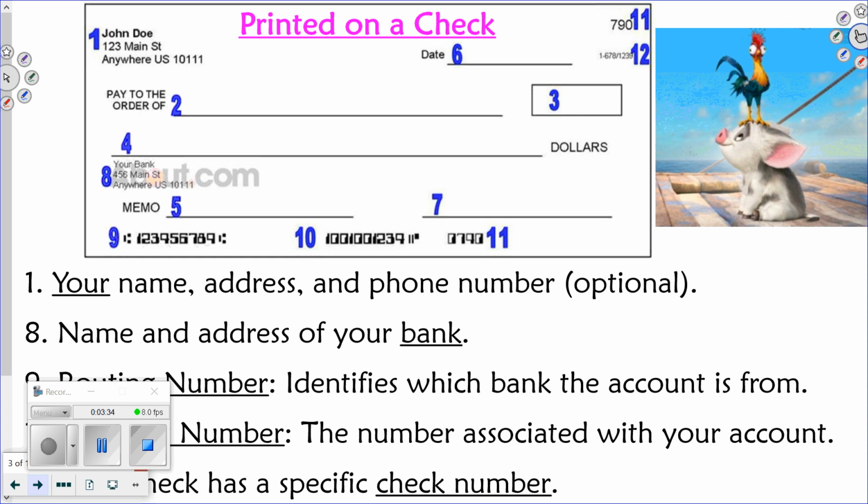So like I bank at Huntington, so my routing number sets it so if somebody goes to cash it, it automatically knows it's Huntington. And then the second set of numbers here is my actual account number. So this one tells you what bank it is, this one tells you whose account number it is. And then the digits over here is the check number. If you look at the top corner, it has the check number there. It's also down here in that weird font for those numbers.